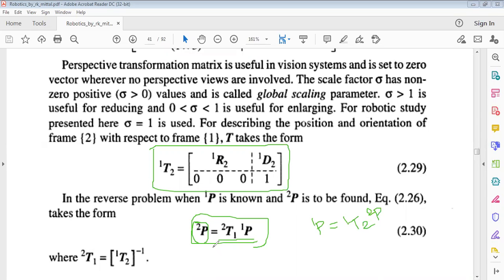But this equation is the inverse of the first equation. So this 2T1 is the inverse of 1T2.